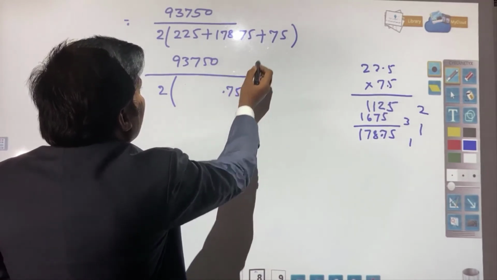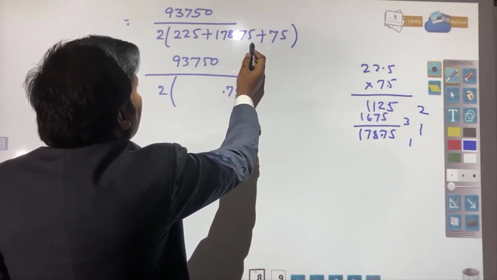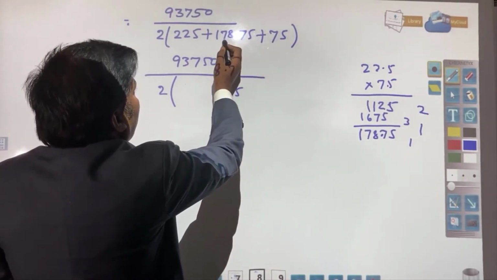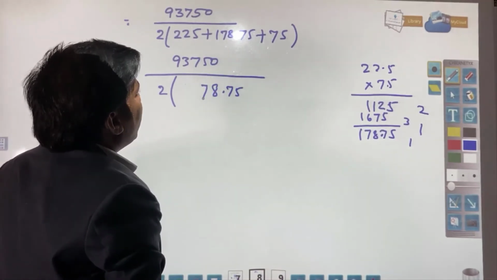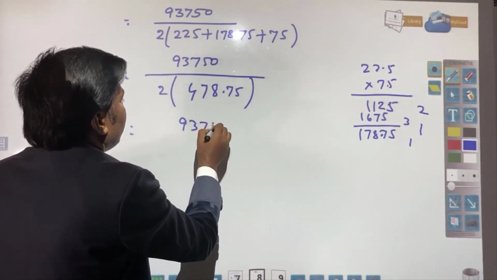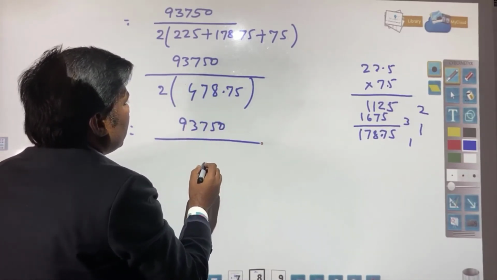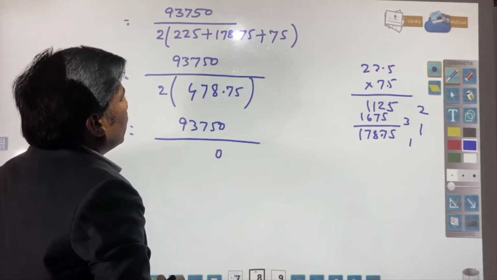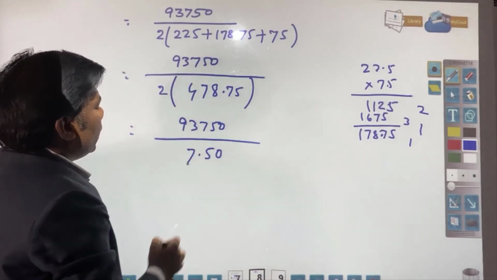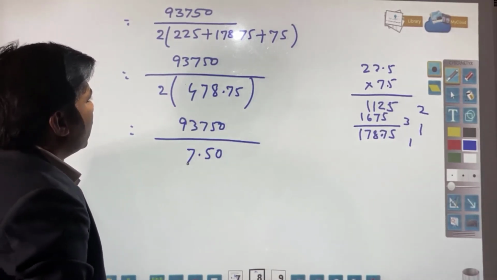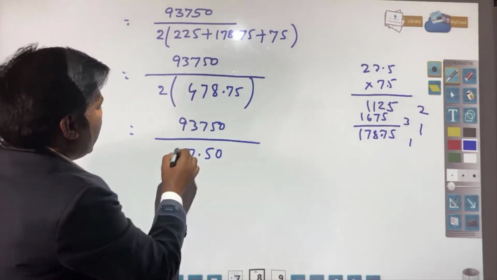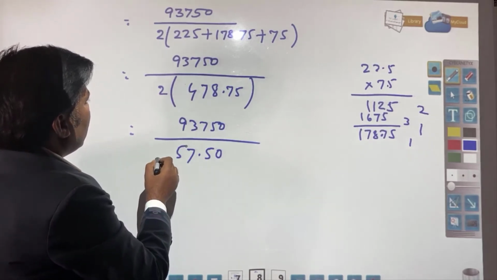This will be 0.75, and adding, 5 and 8 13 and 5 18, and so on, we get the total. Then multiply by 2 with 93750 divided by 2 times that: 2 5 is 10, 2 7 is 14 and 1 15, 2 8 is 16 and 1 17, and so on.